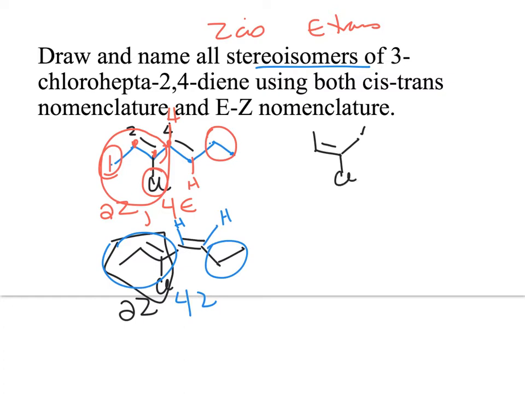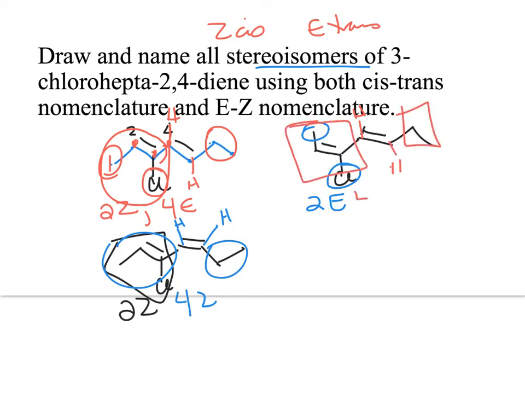And if you want to draw the other isomer, you're going to have to draw the chlorine on the other side, and then you can draw it like this, whereas you can see that your chlorine's here and the methyl's here, so this would be 2 trans, 2E. And then on this side you can draw your hydrogens in. These are 4E because they're on the opposite side.